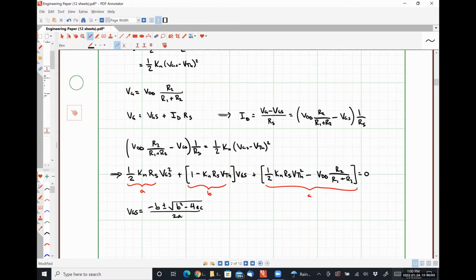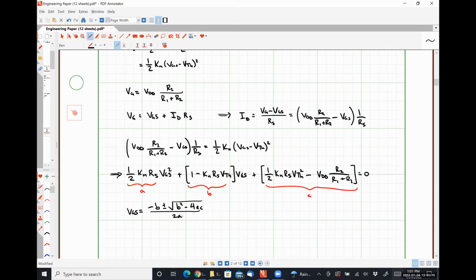Let's talk about this result for just a moment. All right, so the overwhelming majority of the time, the quantity B is going to be negative. Unless Kn is very, very small, B is going to be a negative quantity.